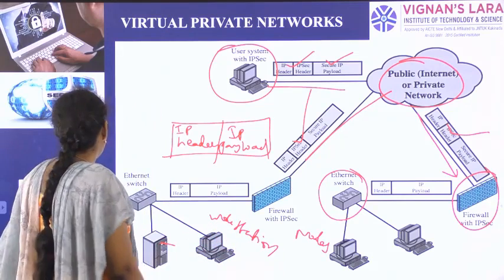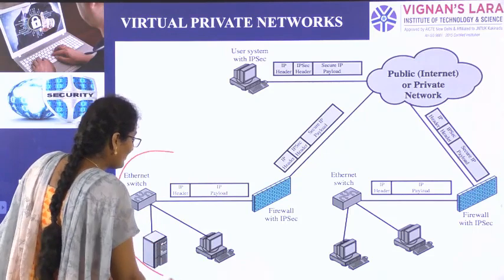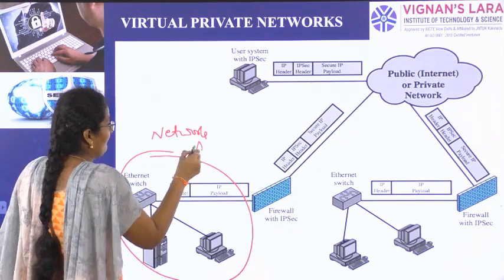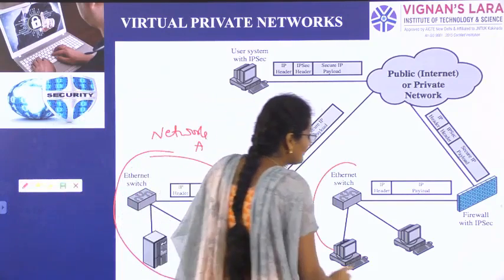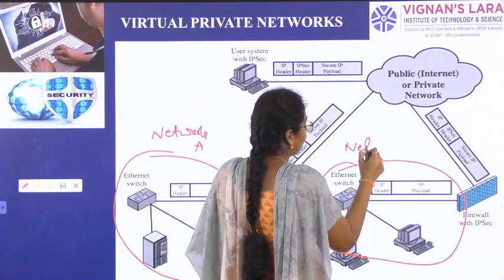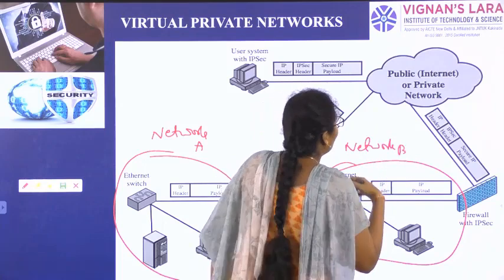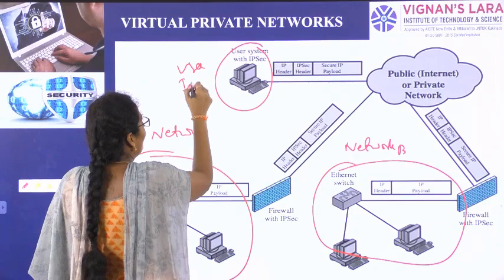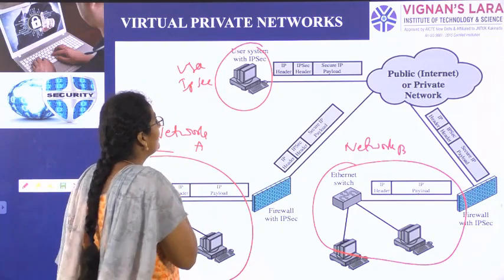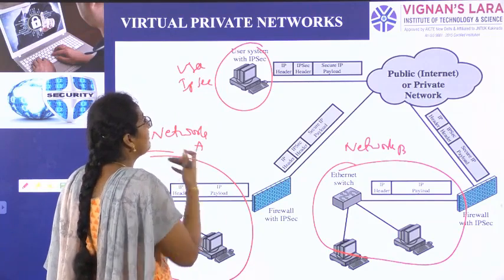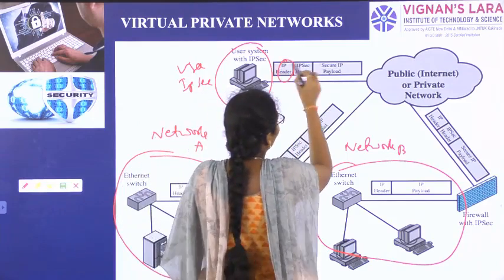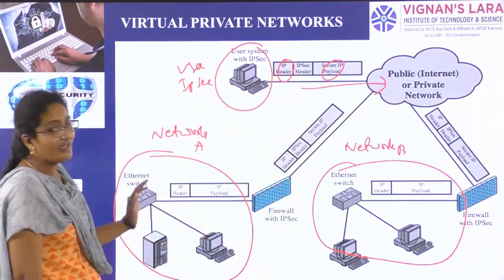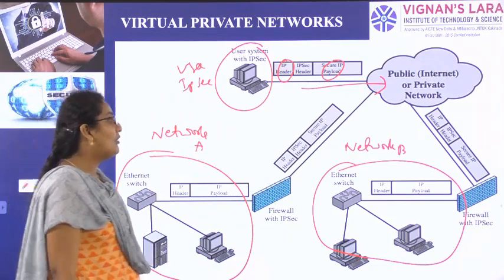So this is the thing. This is one network, network A, and this is one more network, network B. Somebody named as a user with IP's internet protocol security suite has posted an IP header and payload into the internet, and from the internet, network A and network B are getting it.